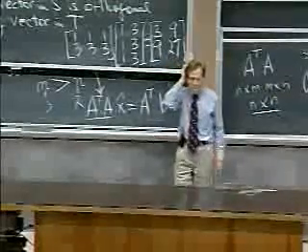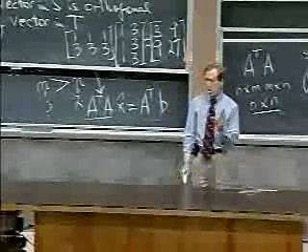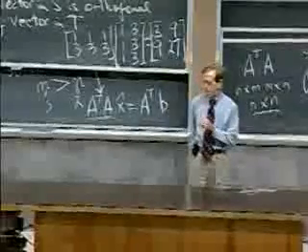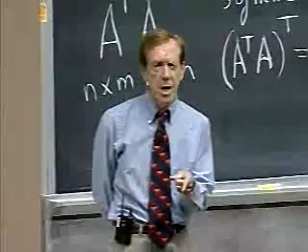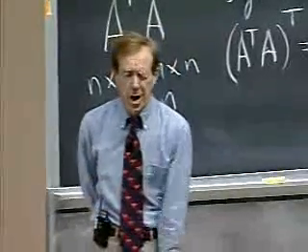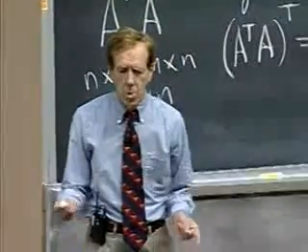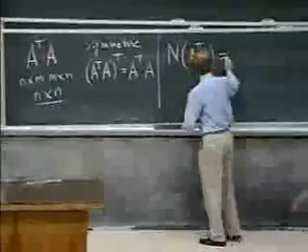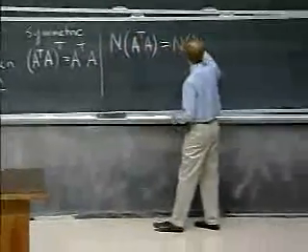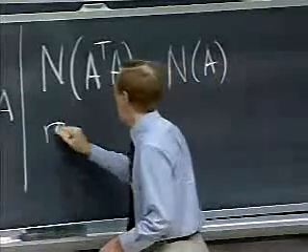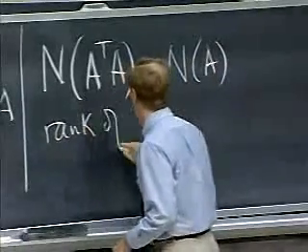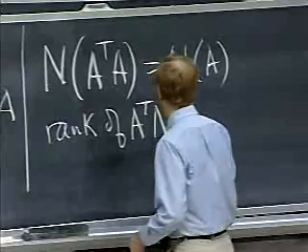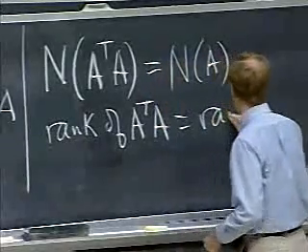And that's what always happens: the rank of A transpose A comes out to equal the rank of A. So the null space of A transpose A equals the null space of A, and the rank of A transpose A equals the rank of A.